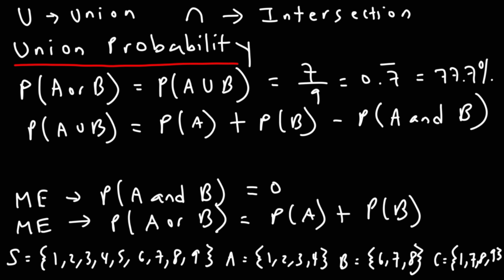So make sure you understand that. Whenever you see the word or, it's associated with the addition rule. When you see the word and, it's associated with the multiplication rule.